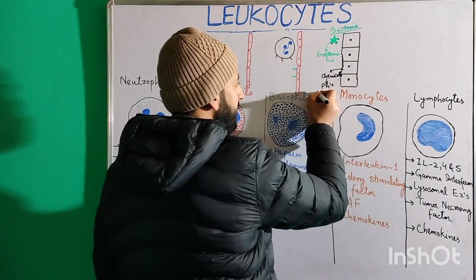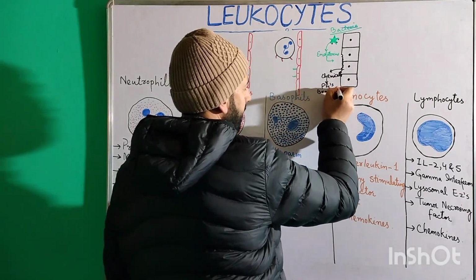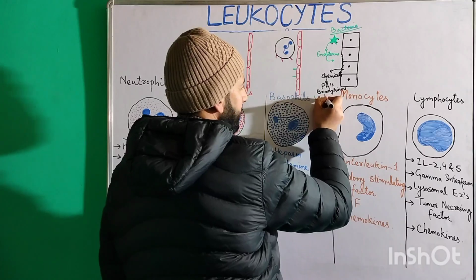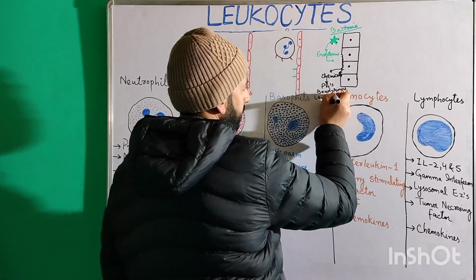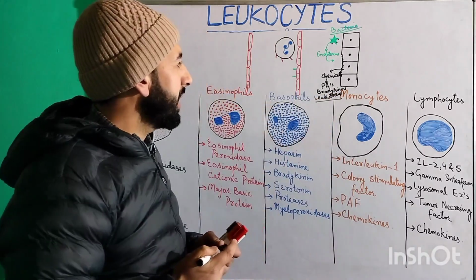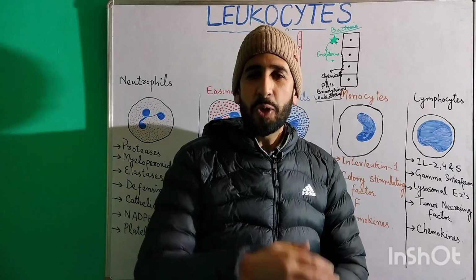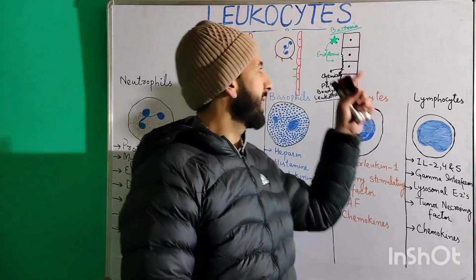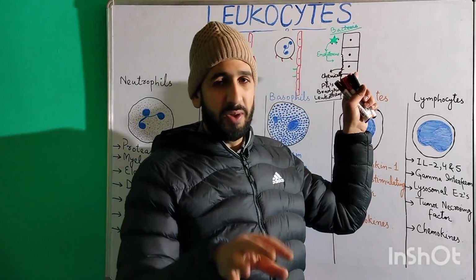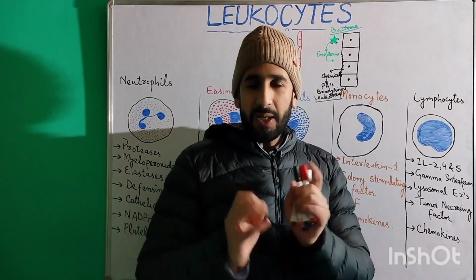These chemicals are bradykinins. These chemicals are leukotrienes. Actually, these chemicals are very important for activating our white blood cells to show their response against this pathogen which has invaded our tissue and which has started damaging our body tissue. Right? These chemicals are very important.